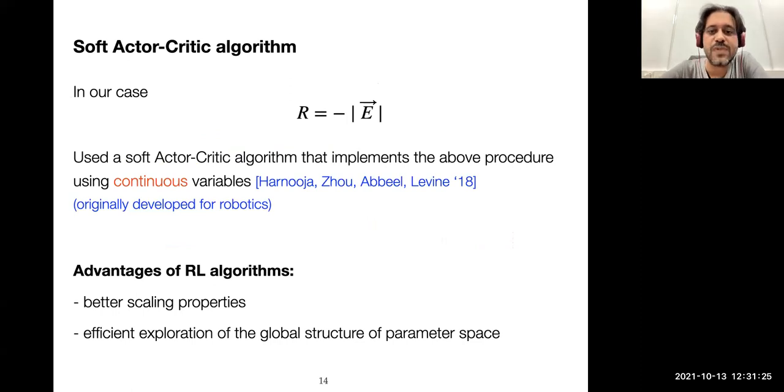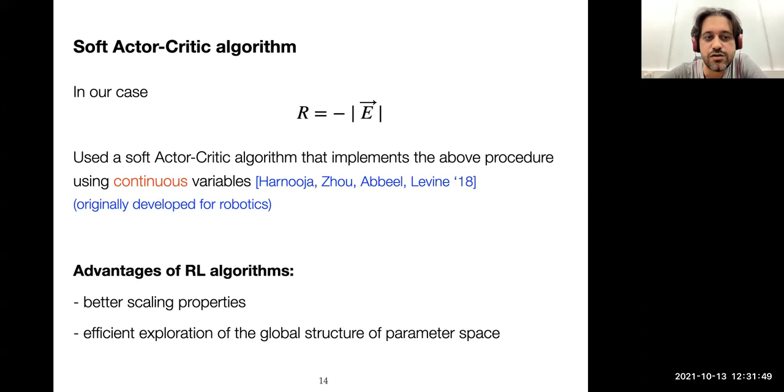Now all these algorithms have been developed for all sorts of different purposes, and now they are at the stage where you can use off-the-shelf algorithms or codes to implement basically anything you want. We were interested in an algorithm that has nice features in terms of exploration and can also deal with continuous parameters.